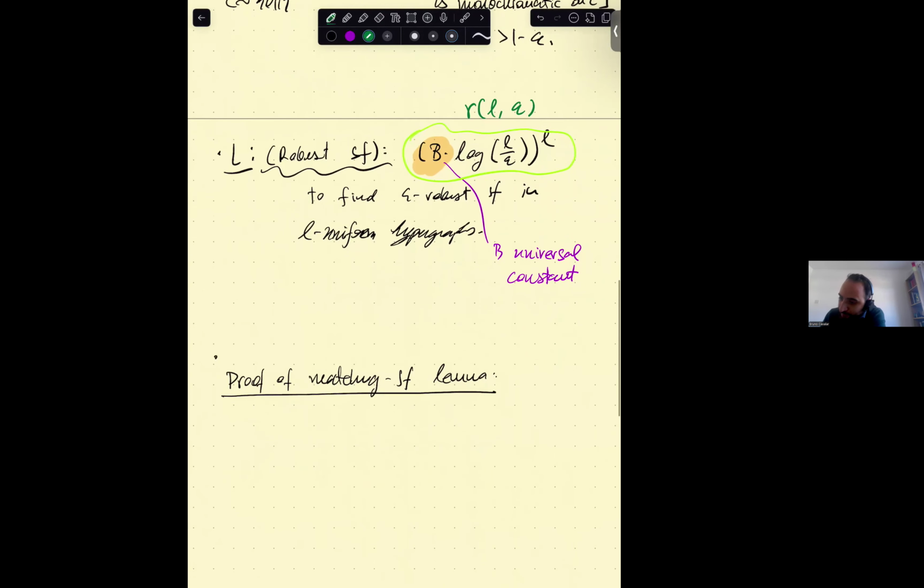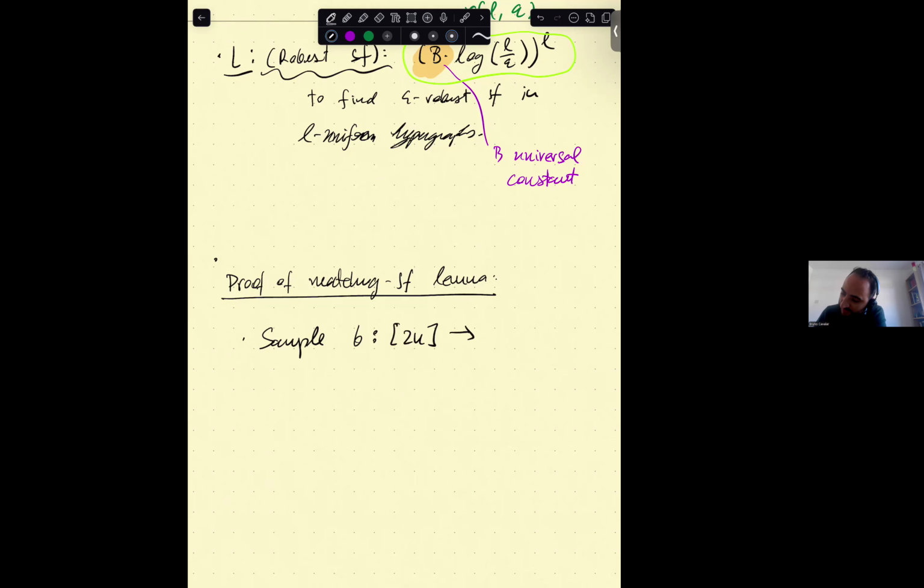We sample B, which is a partition of the vertices into L blocks, okay? Uniformly at random, okay?